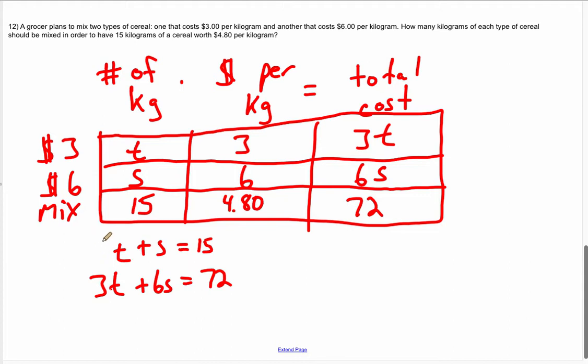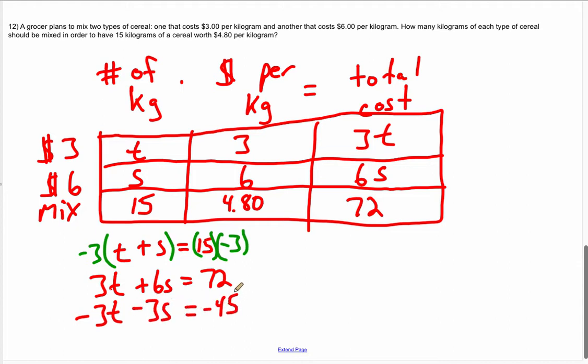So I'm going to multiply the top equation by -3 because it's smaller than 6. Either way works, though. All right, so this top equation then becomes -3T minus 3S equals -45.